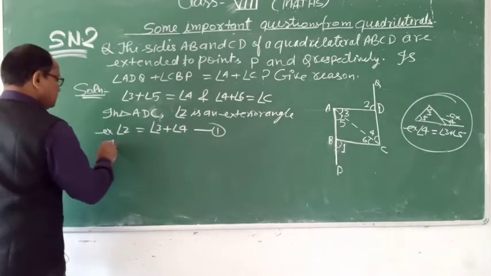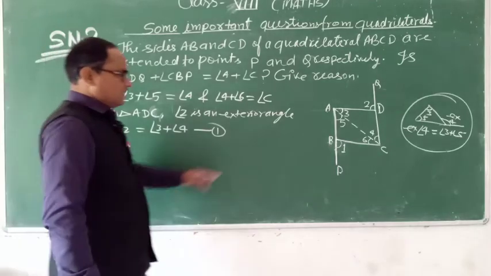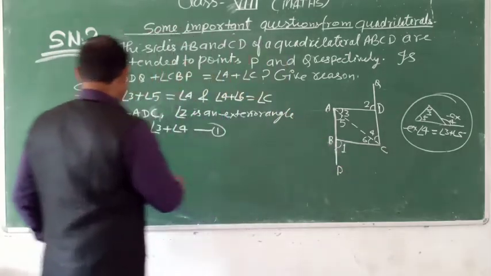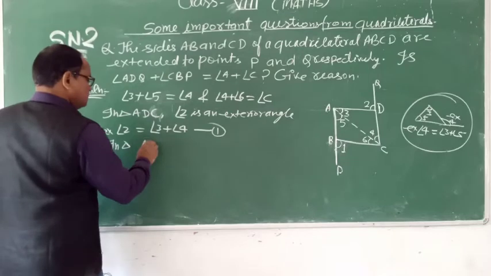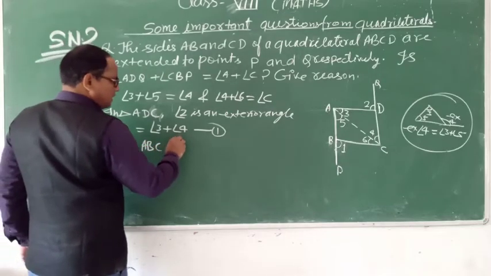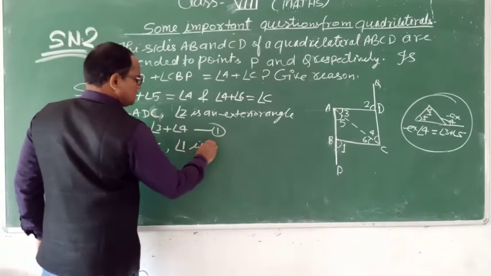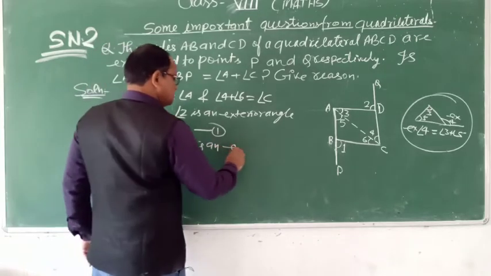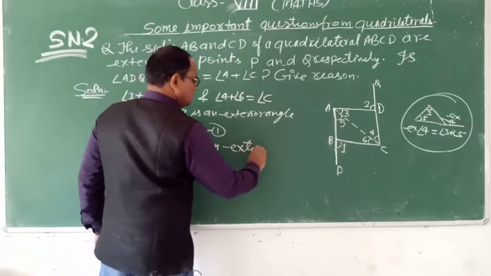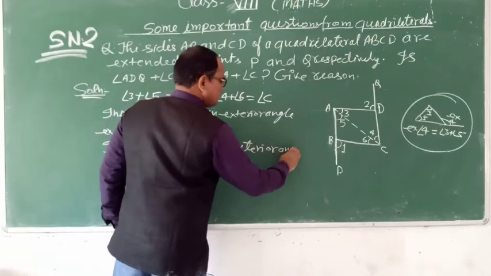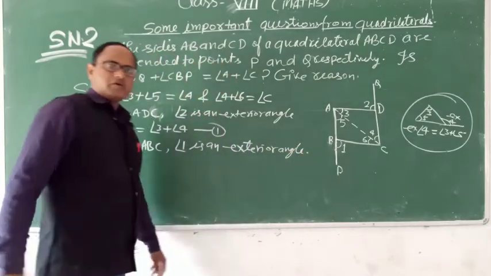And in triangle ABC, angle 1 is an exterior angle. Okay student?